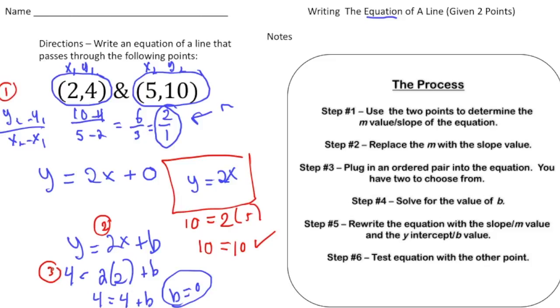Step number 4, we had to solve for b, so we got an answer of b equals 0. Step number 5, we had to rewrite the equation with the slope and the y-intercept, which is right here. And the last step, you need to test it by plugging in the other point to make sure that everything equals out, and it did. And there it is.